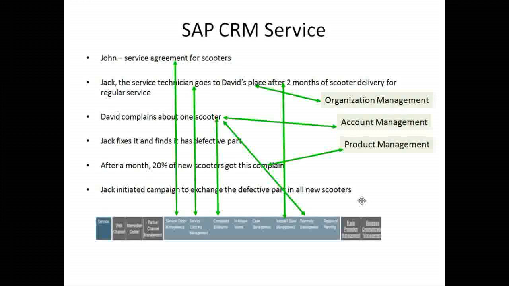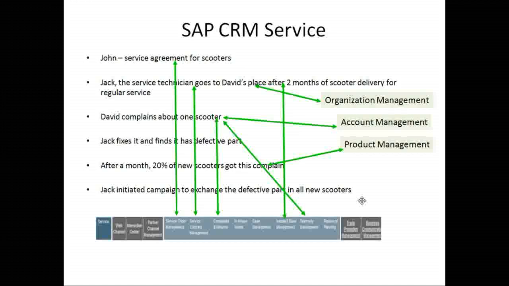And when I talk about warranty management, here once David complained about one scooter and Jack found it has a defective part, this defective part is replaced without any cost being charged to the customer.